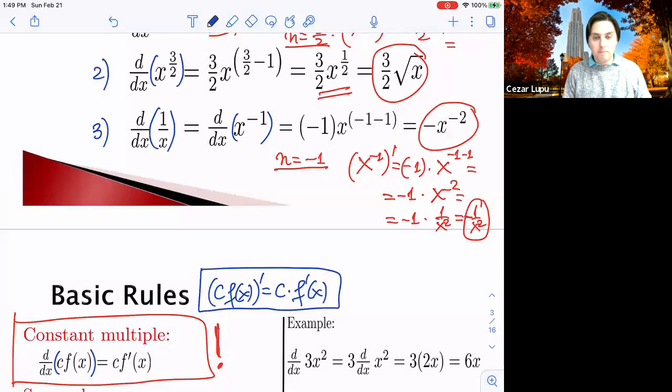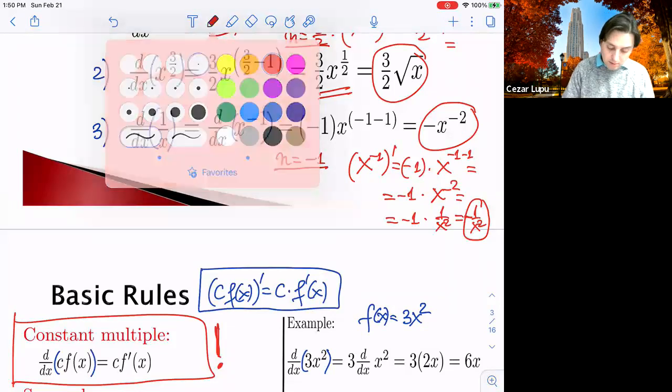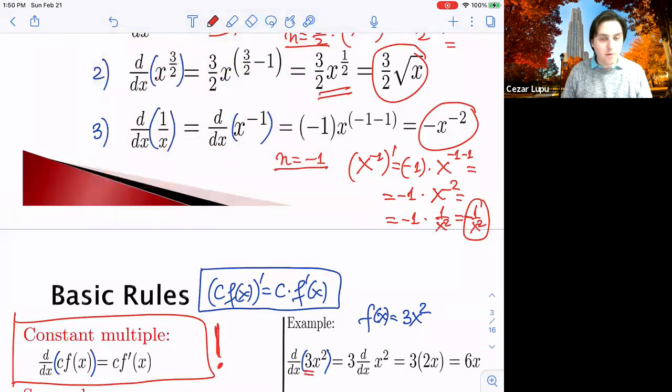As an example, I would like you to look on the right-hand side. You see, I have this function here, in this case, f of x is 3x squared, right? And if we take the derivative, you see we have a constant here in front, the number 3.